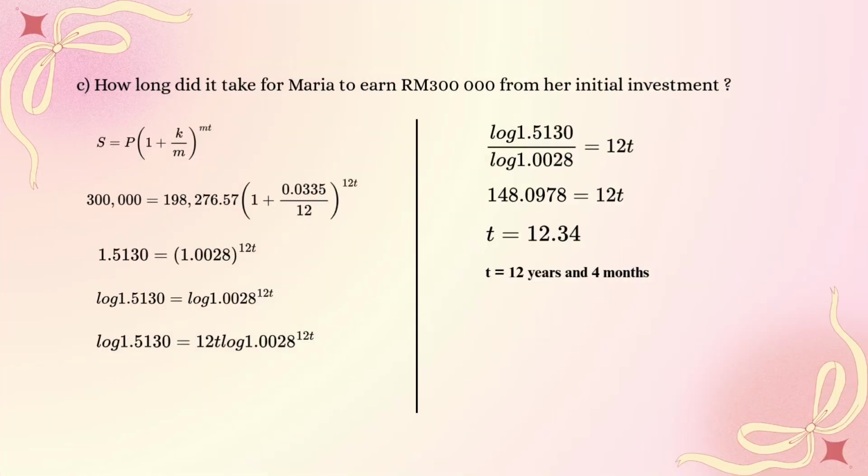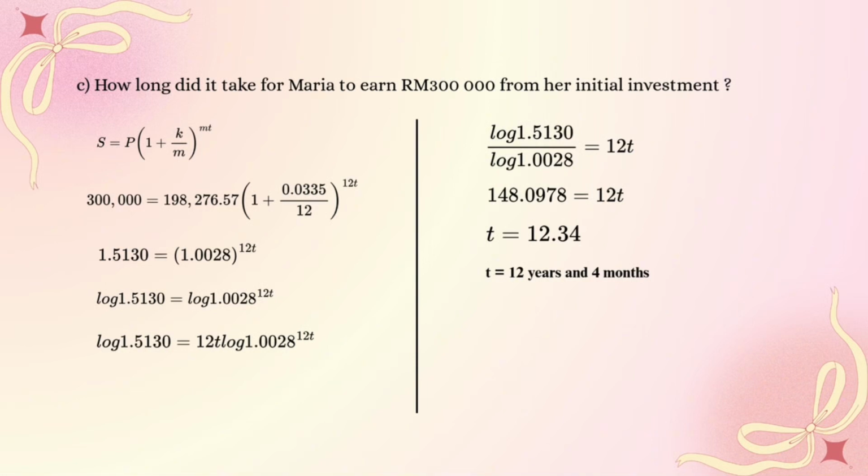So, let's look at part C. The question is, how long did it take for Maria to earn 300,000 ringgit from her investment? So, we use the compound interest formula, which is S equals P times (1 plus i) to the power of n. As we know, i equals k over m, so we substitute that into the formula. And n equals m times t, so we substitute that into the formula also.